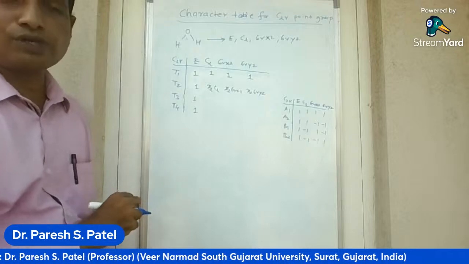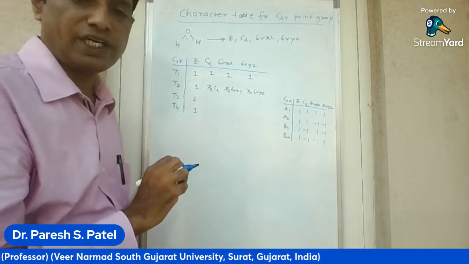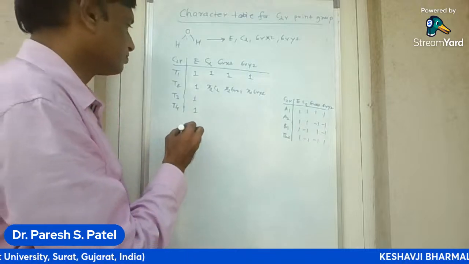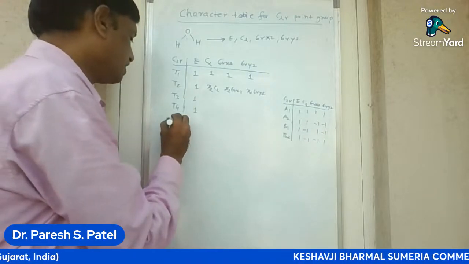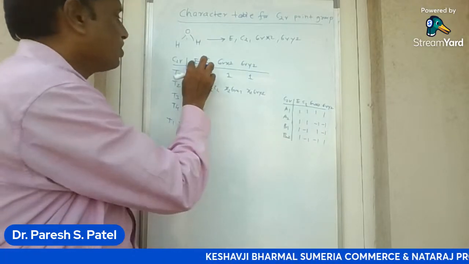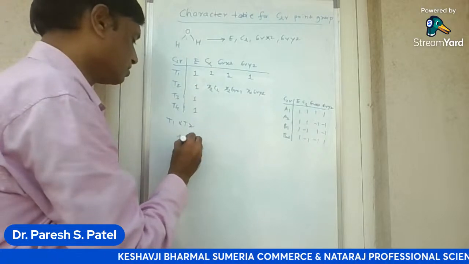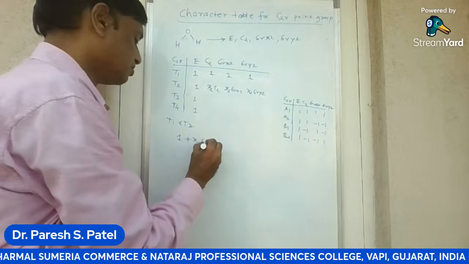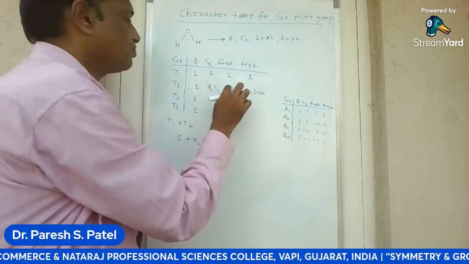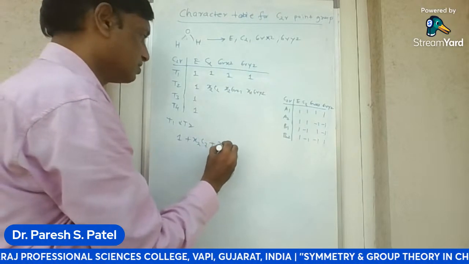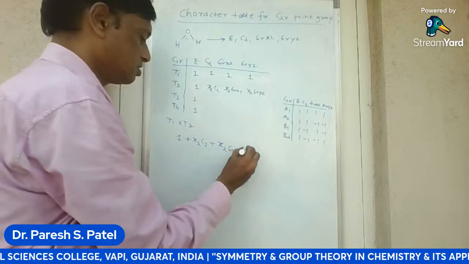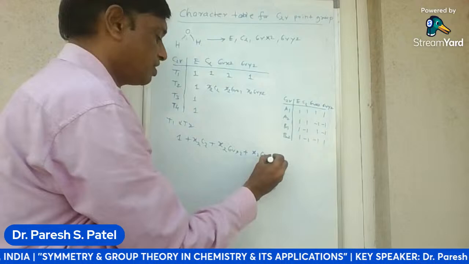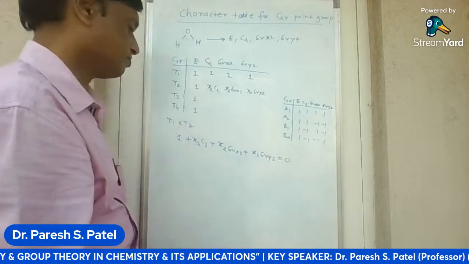According to the characteristics number 4, any two irreducible representations are orthogonal to each other. So T1 and T2, 1 into 1 into 1 is equal to 1 plus 1 into 1 into character T2 plus 1 into 1 into character sigma v xz plus 1 into 1 into character sigma v yz is equal to 0.